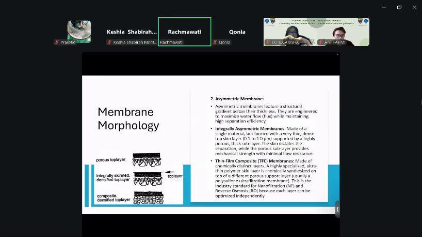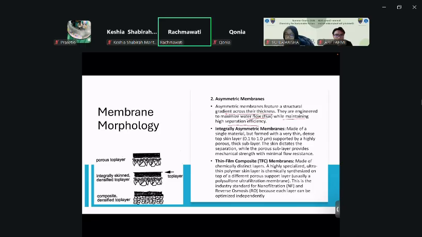And then the second one is the asymmetric membranes. They feature a structural gradient across their thickness, and they are engineered to maximize the water flow, the flux, while maintaining high separation efficiency, because you also want a high rejection value.